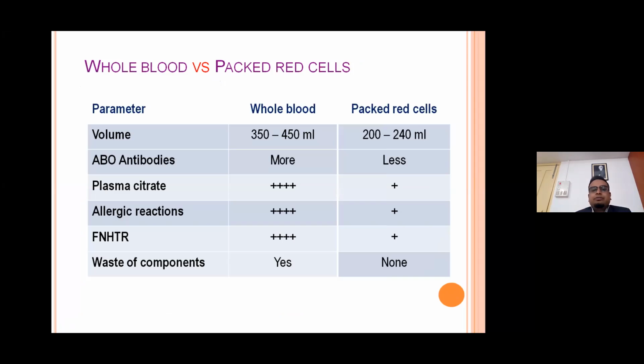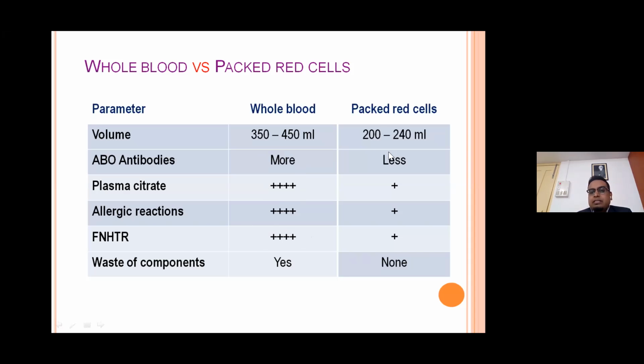Other advantages of packed red cells over whole blood: since whole blood contains plasma and packed RBCs are devoid of plasma, whole blood will have more ABO antibodies. Because of the presence of plasma, there will also be more plasma citrate, more allergic reactions, and more incidence of febrile non-hemolytic transfusion reactions.